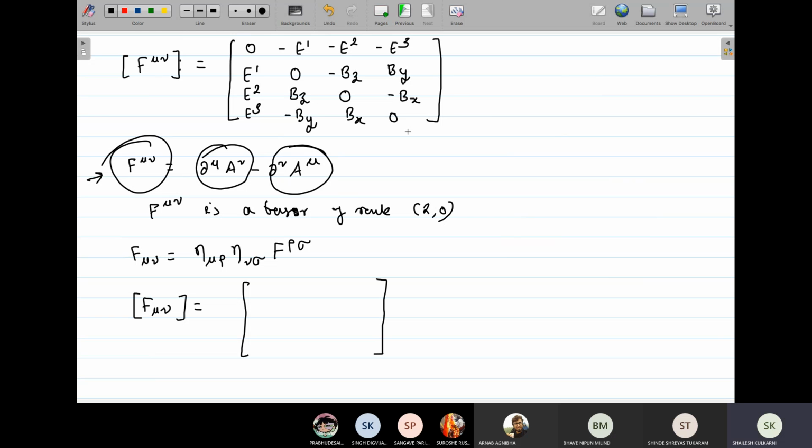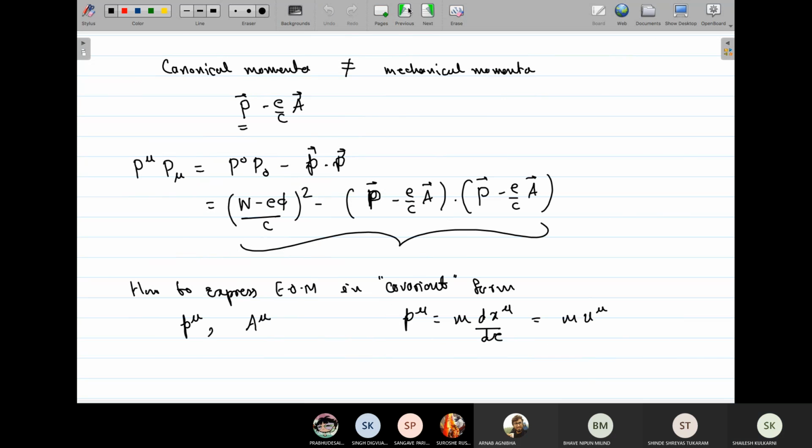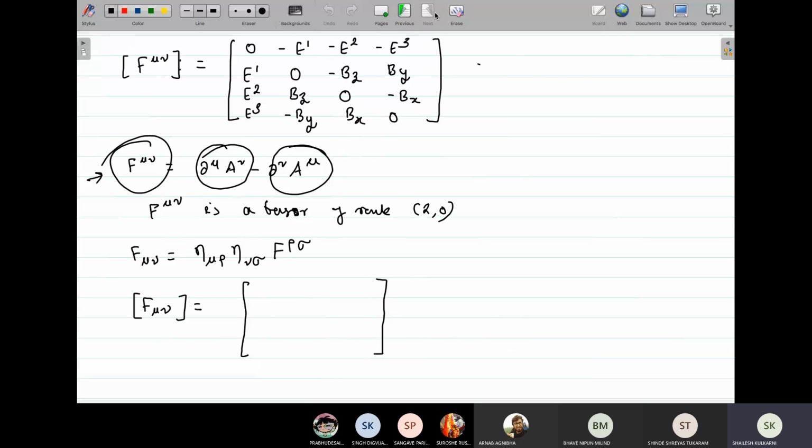Now, after doing this, you go back to our equations of motion. Now I will concentrate on the equations of motion. Consider dE by dt equal to e times v dot electric field E. So this is nothing but e vi Ei.